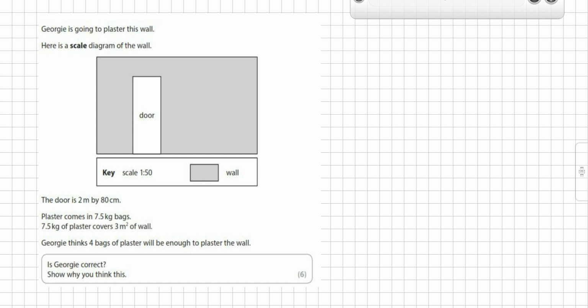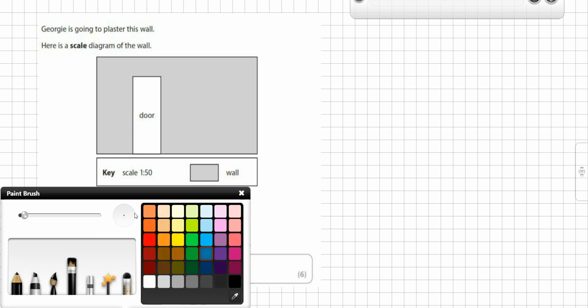Okay, so there's lots of information there, but the key thing is we are trying to cover this wall in plaster and see how much plaster is needed. Thinking logically, if you were plastering that wall, you certainly wouldn't want to cover the door, so we have to keep that in mind. Now, let's see what else there is here. We know that this is a scale drawing, so we have to be familiar with scale and know what that entails.